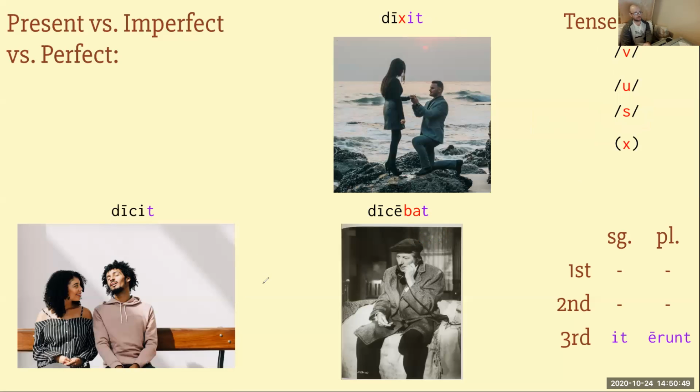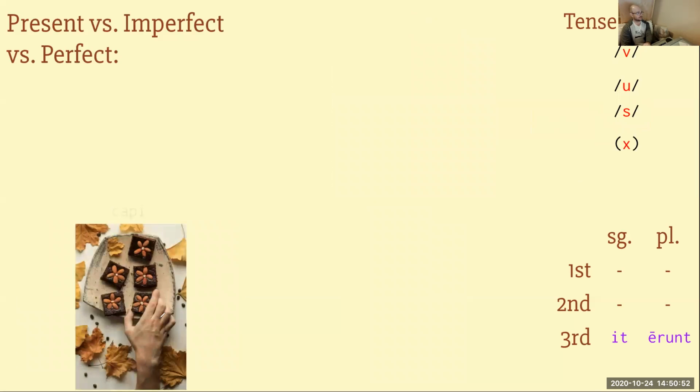Okay, let's move along. So now we've got capit. This is our verb for taking. So let's see, we're looking at our present stem, here capi, present stem, and we'll just add our personal ending right onto there. T for third singular, meaning she is taking, or she takes in the present tense.